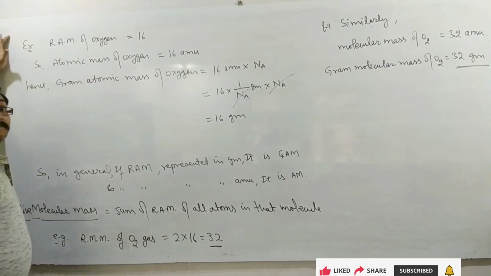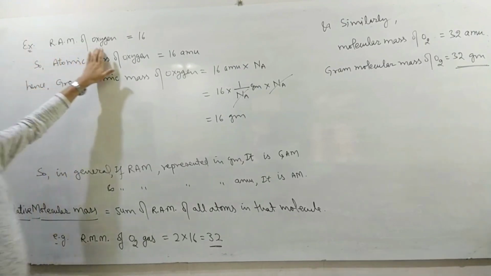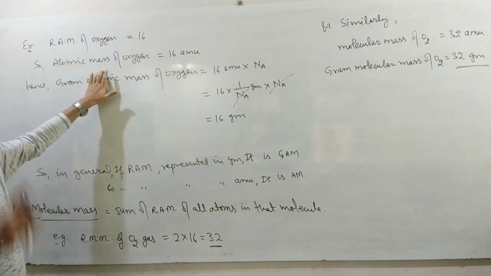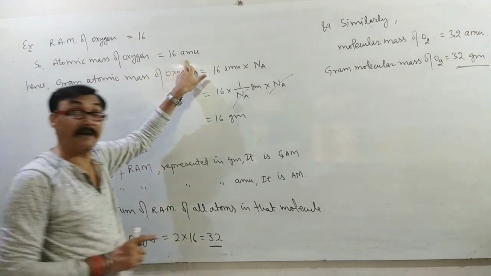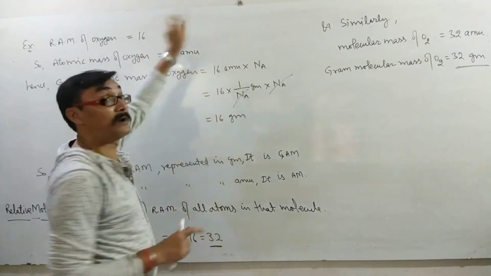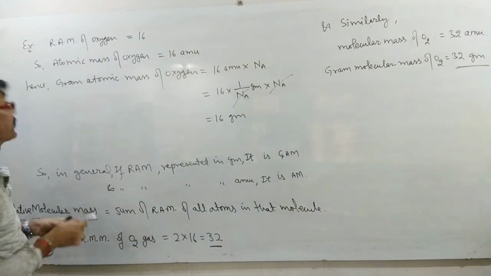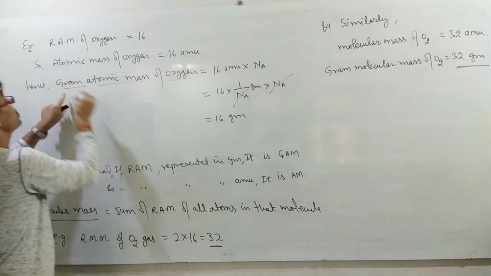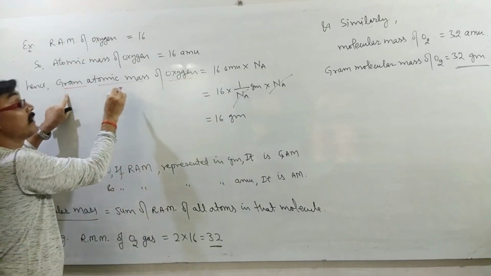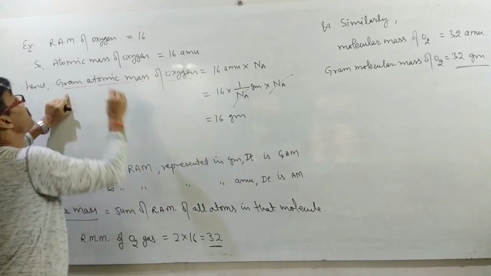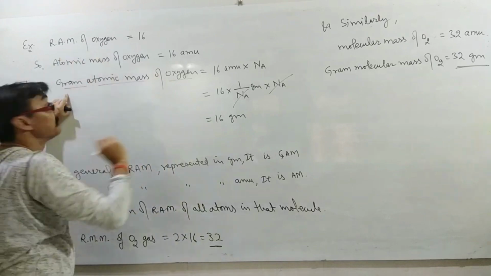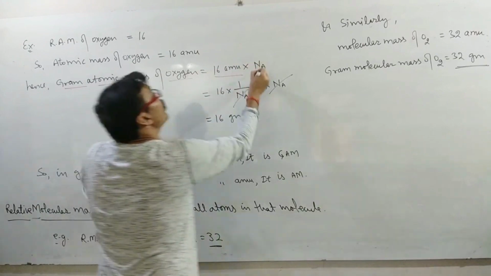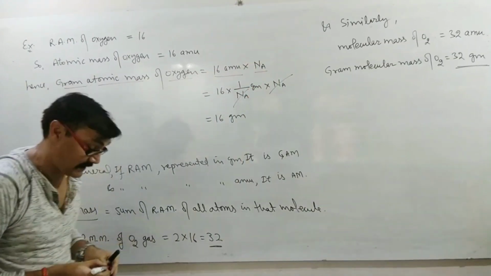For example, relative atomic mass of oxygen is 16. So, atomic mass, that is mass of 1 atom of oxygen, will be 16 AMU. We have studied 16 into 1 AMU, that is 16 AMU. Gram atomic mass of oxygen means mass of 1 mole oxygen atoms. Here the particle is atom. So 16 AMU, that is mass of 1 atom, into 1 mole, Avogadro's constant.